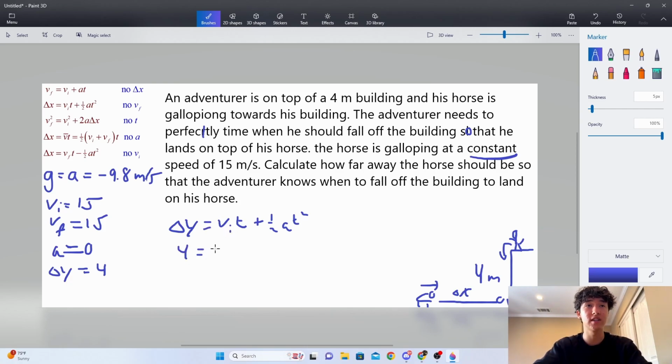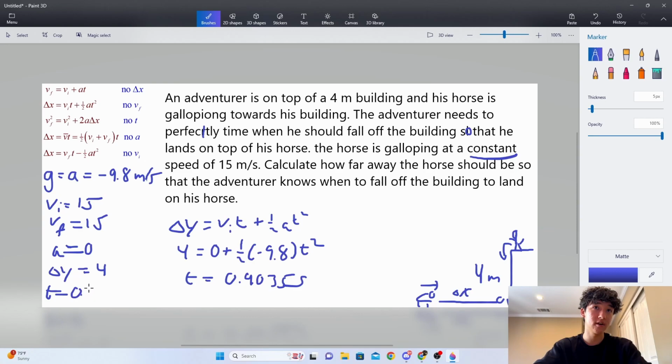His initial velocity right now is 0. 0 times time is just 0. Plus 1/2, the acceleration is negative 9.8 because he's falling, and then t squared. So if you do the math, then we get t is equal to 0.9035 seconds. So let's write that over here.